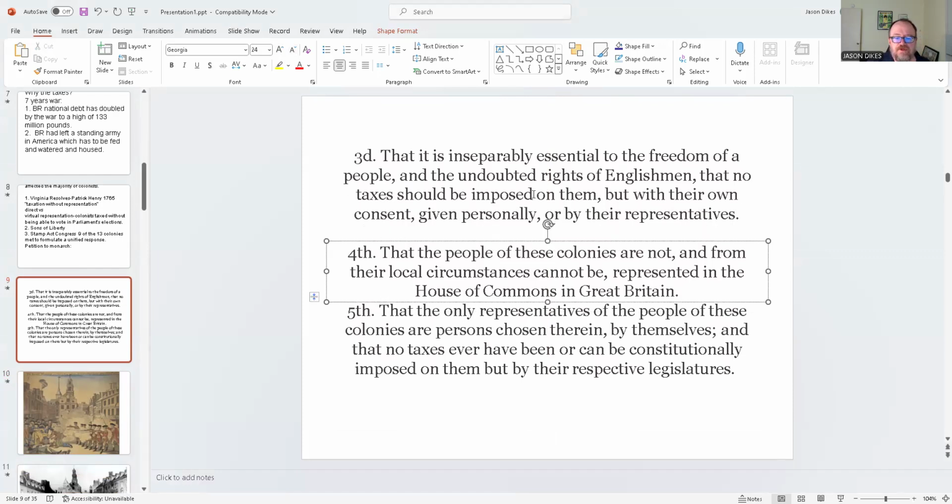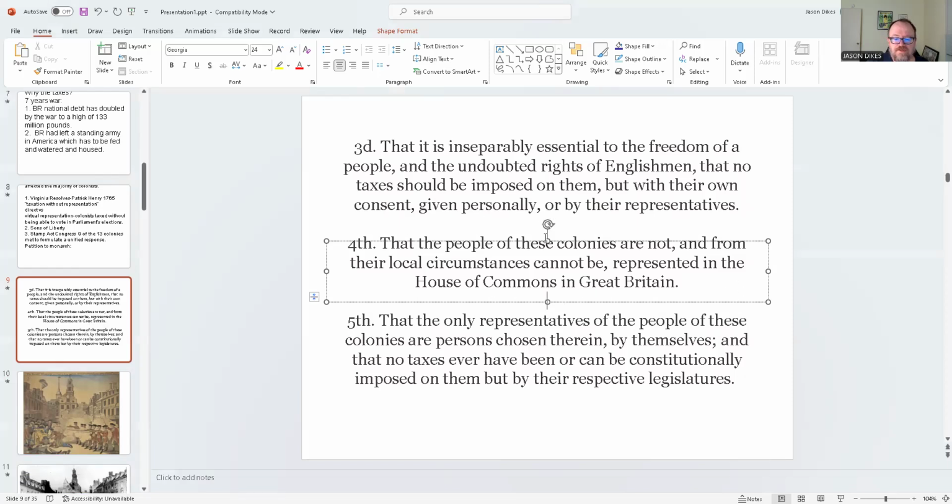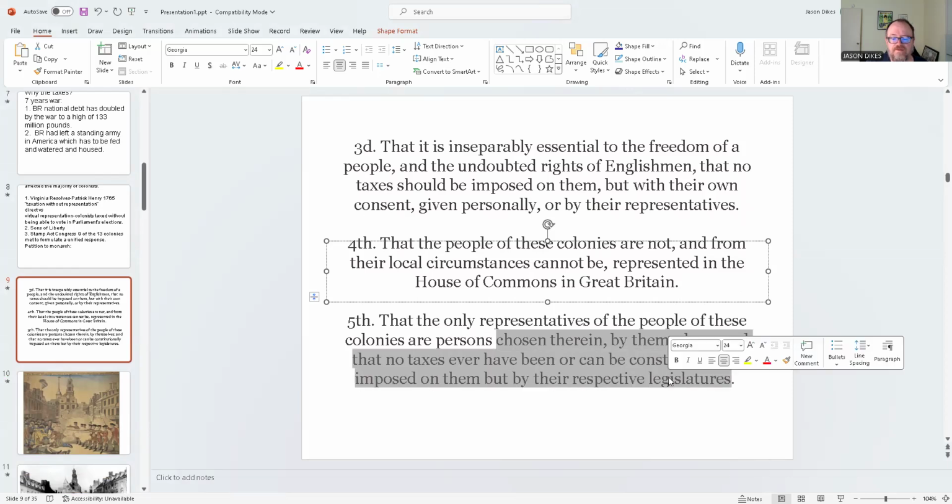So taxes should be imposed on them, but with their own consent, given personally by their representatives, that the people of these colonies are not and cannot be represented in the House of Commons in Great Britain, that the only representatives of the people of these colonies are persons chosen therein by themselves, and that no taxes ever have been or can be constitutionally imposed on them but by their respective legislatures.